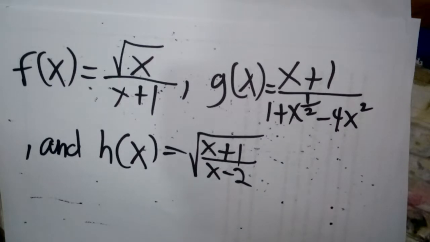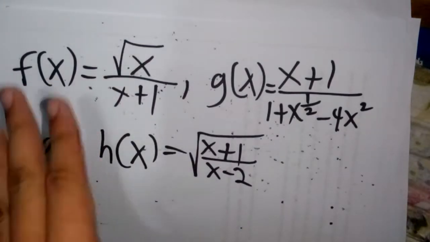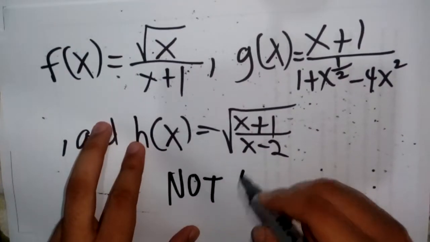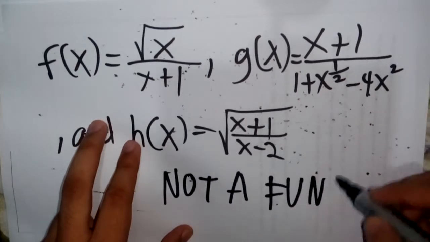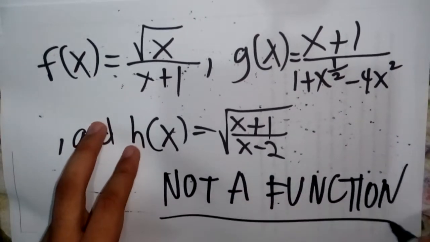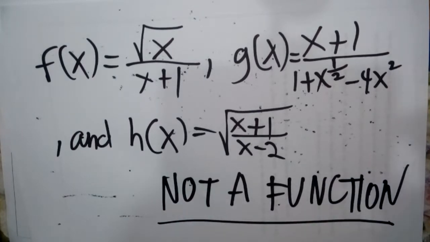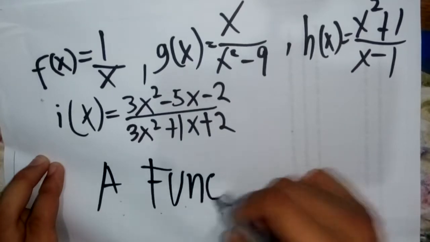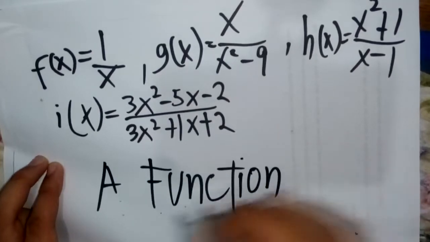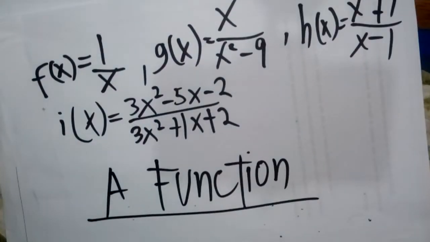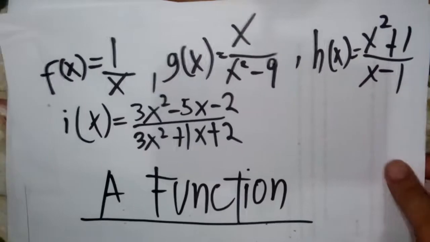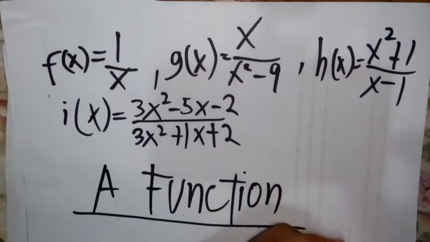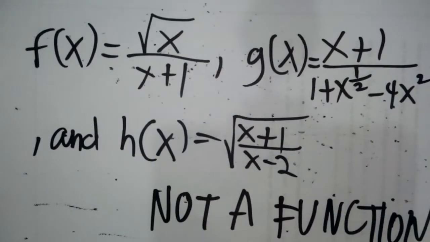The ones where you can observe this are not functions. You can observe the function has the right way of determining a function. On the other hand, this is not a function.